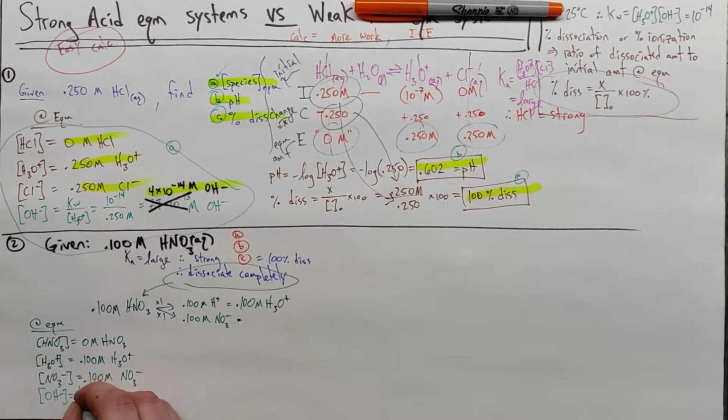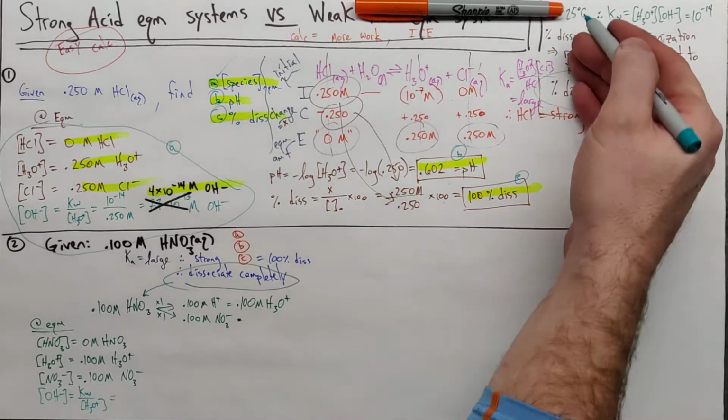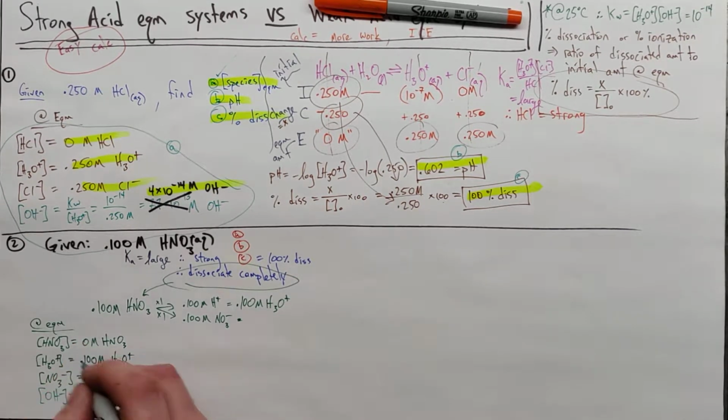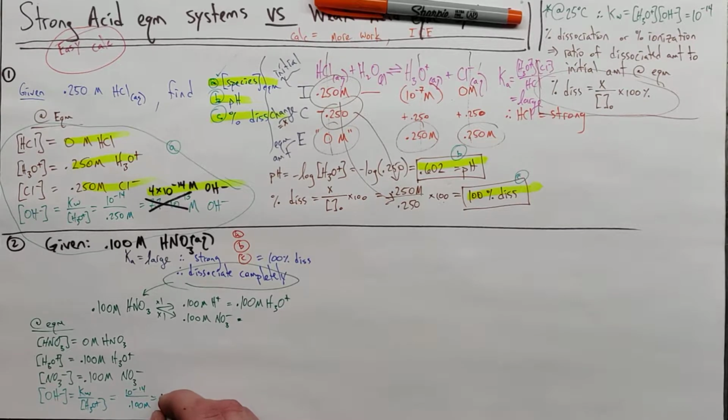And that's going to be Kw over our concentration H3O+. Let me make sure this is still on the screen. It's good enough. So we're going to have, again, at 25 degrees Celsius, 10 to the minus 14th for Kw over our 0.100 molar for the H3O+. And that's going to give us like 1.0 times 10 to the minus 13 molar OH minus.